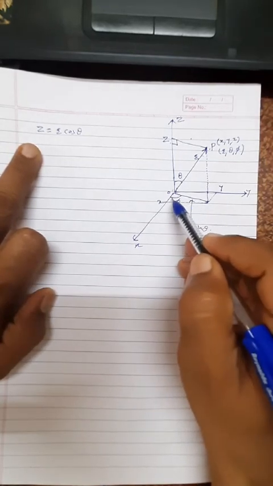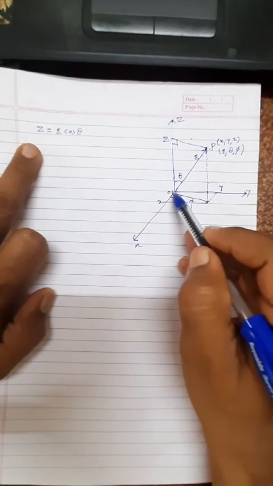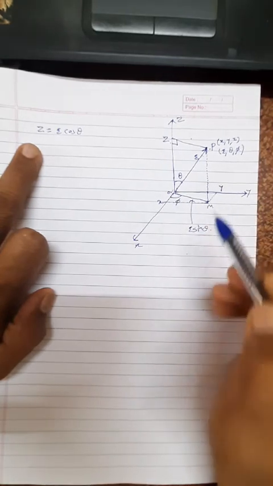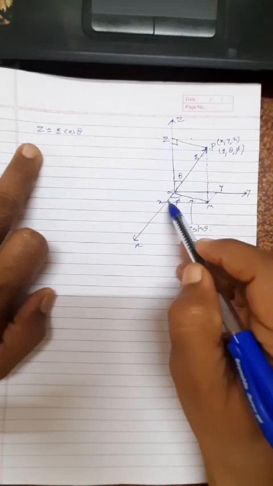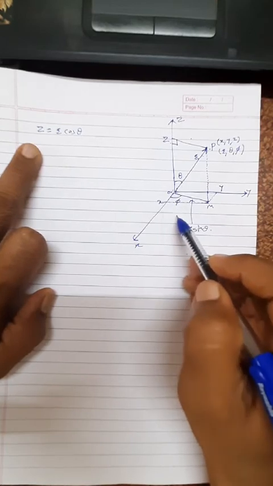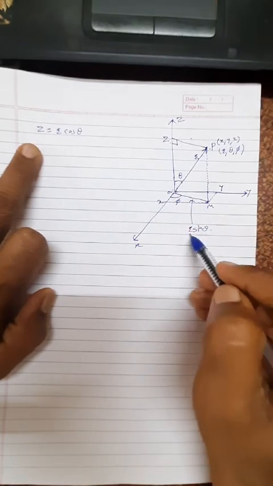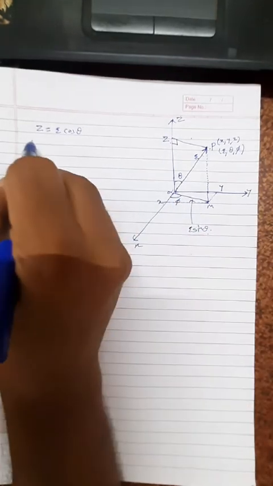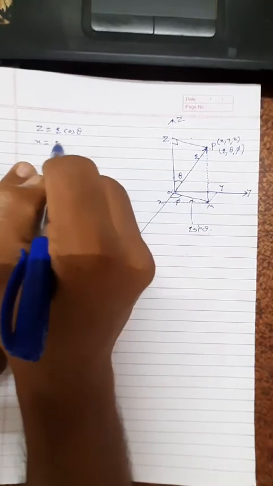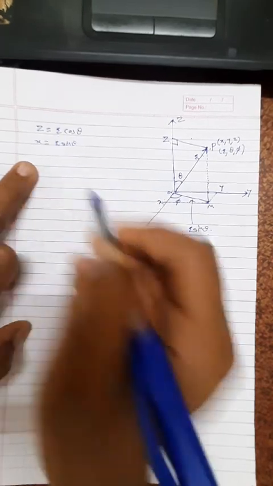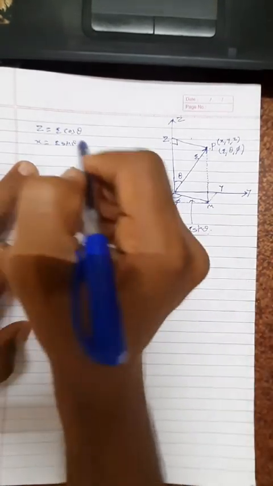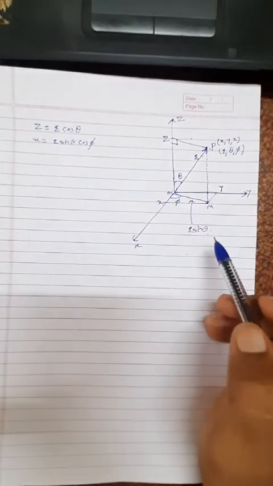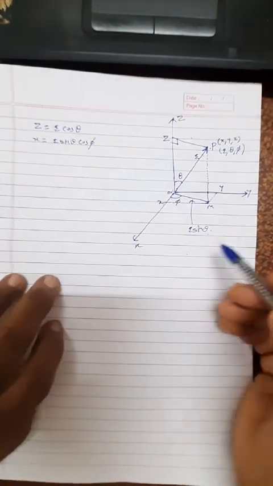Now, if I think about the right angle triangle OXM, say for example, then this is a right angle triangle. It makes right angle at x. Now this is the diagonal r sin theta, and x is the adjacent side. Therefore, I can write x is equal to r sin theta, which is the diagonal, into cos of phi, the adjacent ratio. So x is r sin theta cos phi.